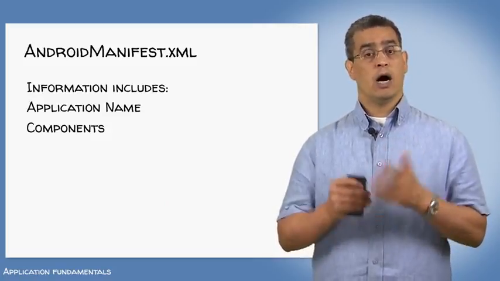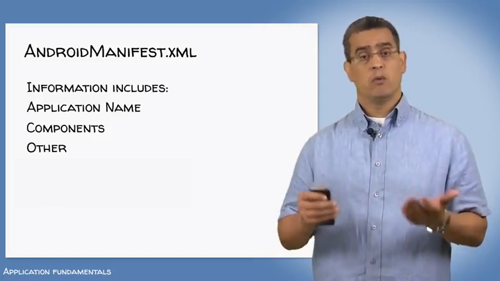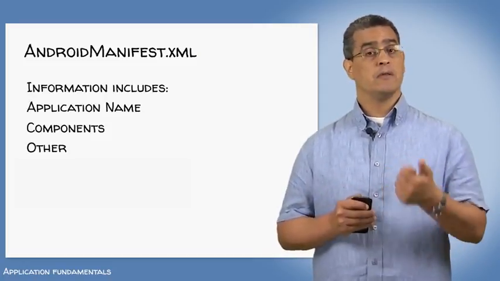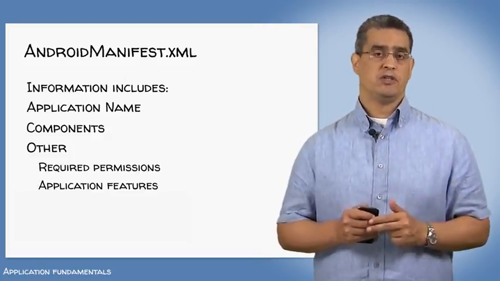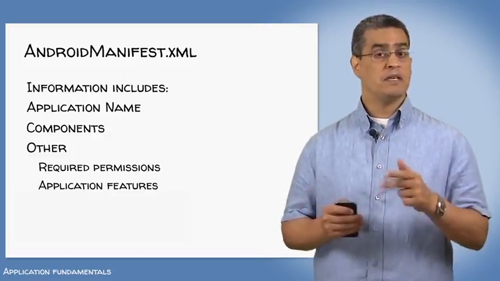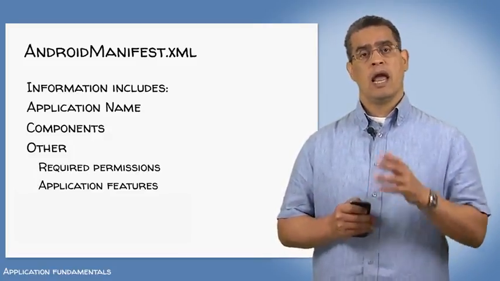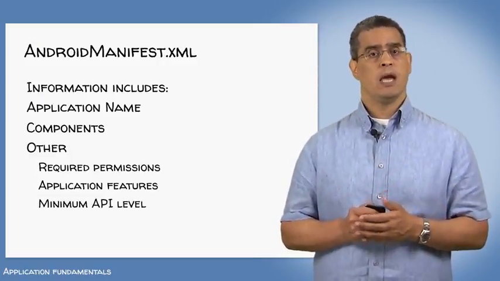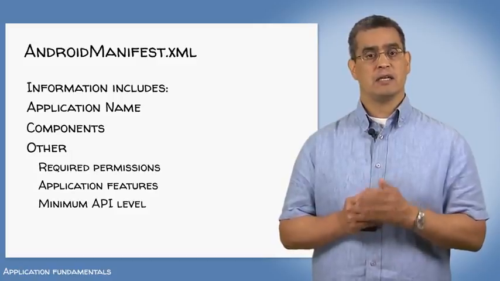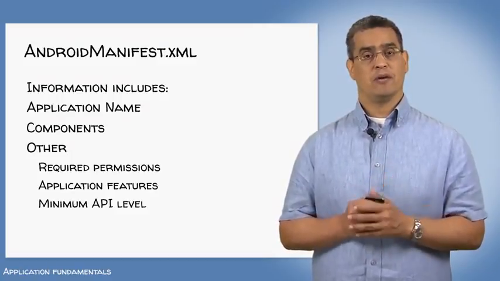It also includes other information that we'll discuss later in the course, things like the permissions that are needed to run this application, the hardware features, such as a camera that this application requires, and the earliest platform version on which this application runs. Let's look at the AndroidManifest.xml file for MapLocation.